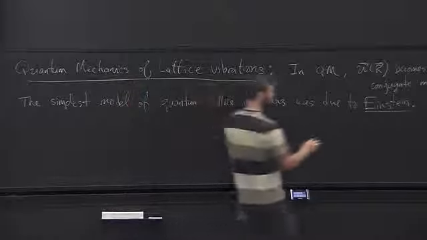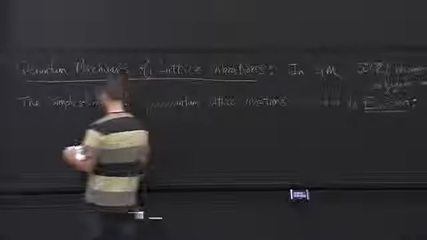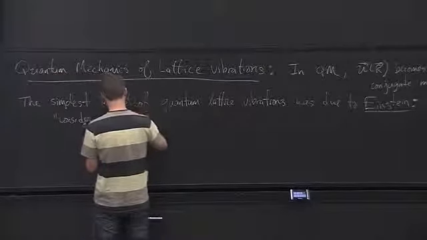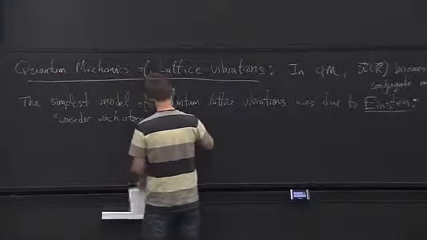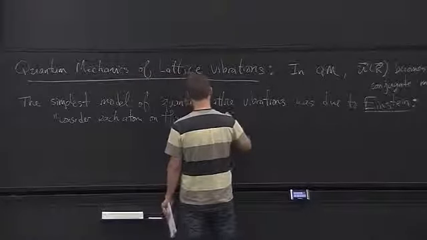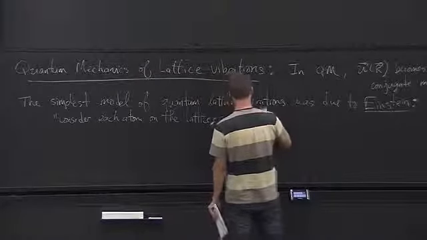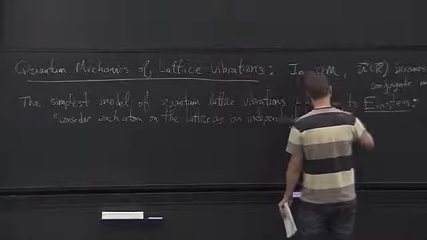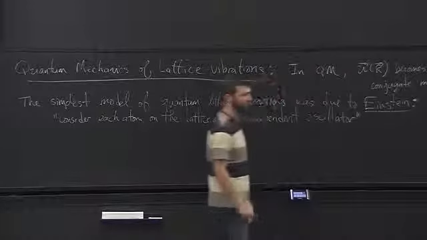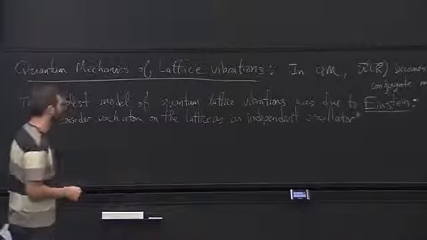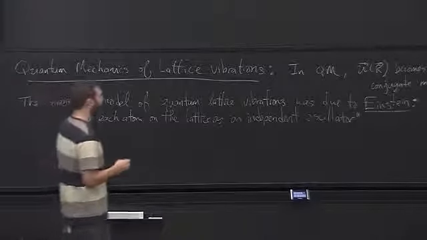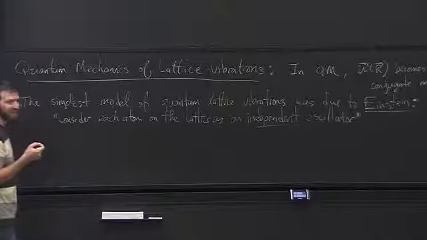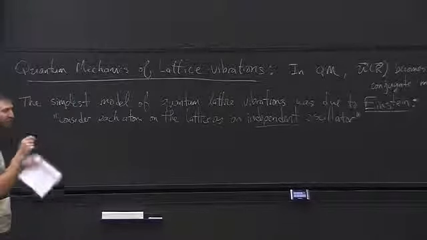So what Einstein said is, consider each atom on the lattice as an independent oscillator. What independent means is it's just an oscillator that is coupled to its spatial position and not to the neighbor. Okay.